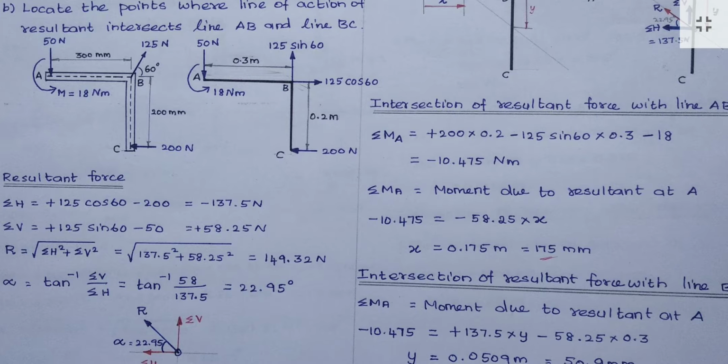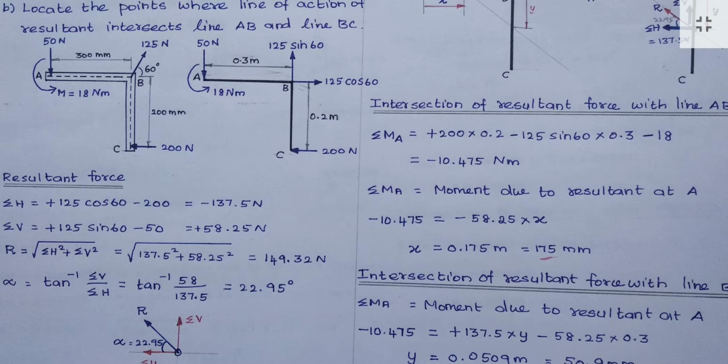Here a 150 Newton force is there. Then one inclined force is there, which I have to resolve into its horizontal and vertical components, one rightward horizontal force and one upward vertical force.